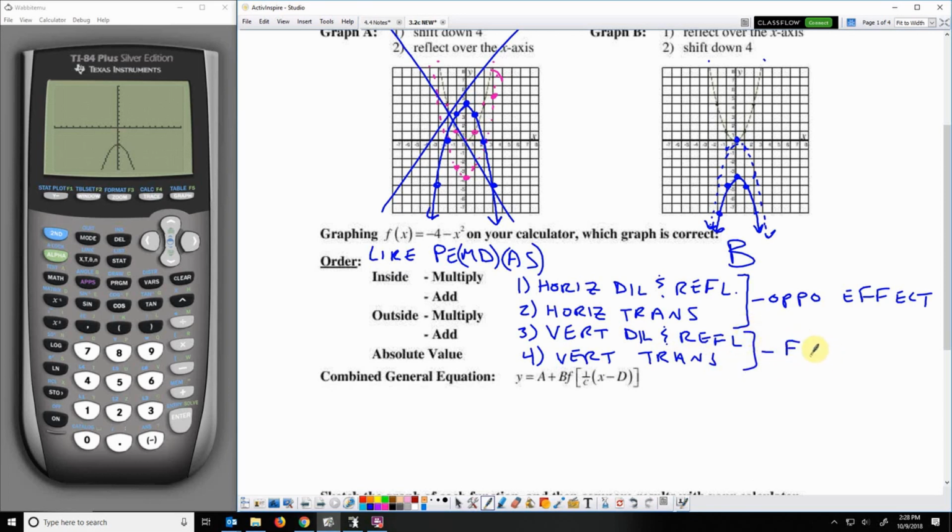Plus means up, minus means down. When you have absolute values, you treat the order like they're parentheses. I'm just going to put a picture of parentheses here, or brackets, or any kind of grouping symbols.